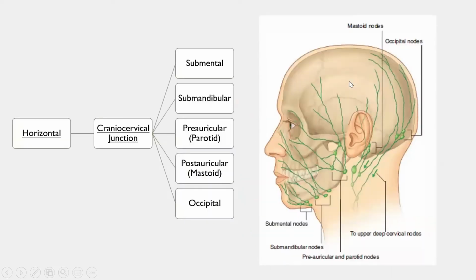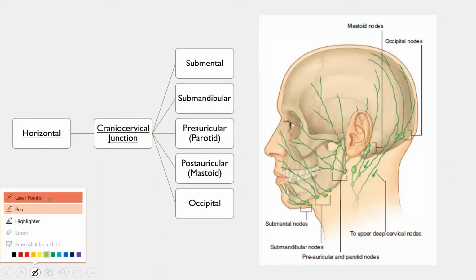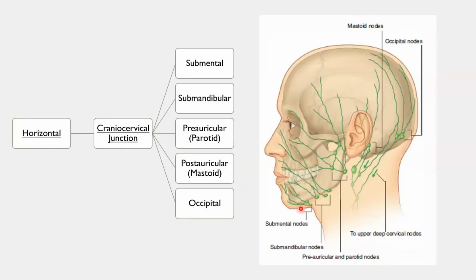Okay, so here I have included a picture. Here you can see the submental nodes, the submandibular nodes, the preauricular or the parotid nodes. Then behind here, the retroauricular or the post-auricular lymph nodes, also called the mastoid. And then at the back of the head, you have the occipital lymph nodes.